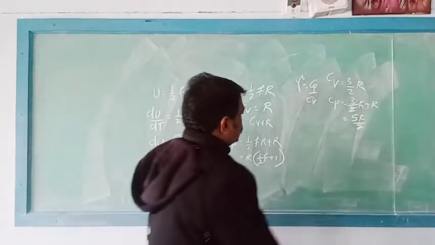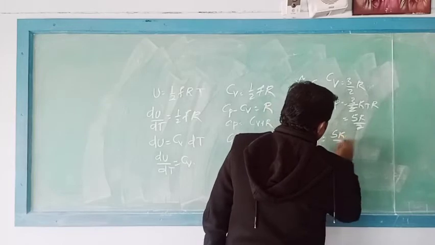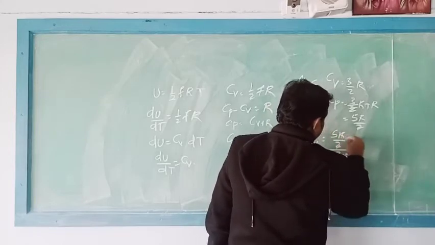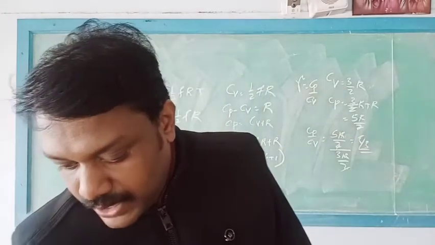So Cp by Cv will be 5R by 2 divided by 3R by 2, that means 5 by 3. Cp by Cv for a monoatomic gas will be 5 by 3.